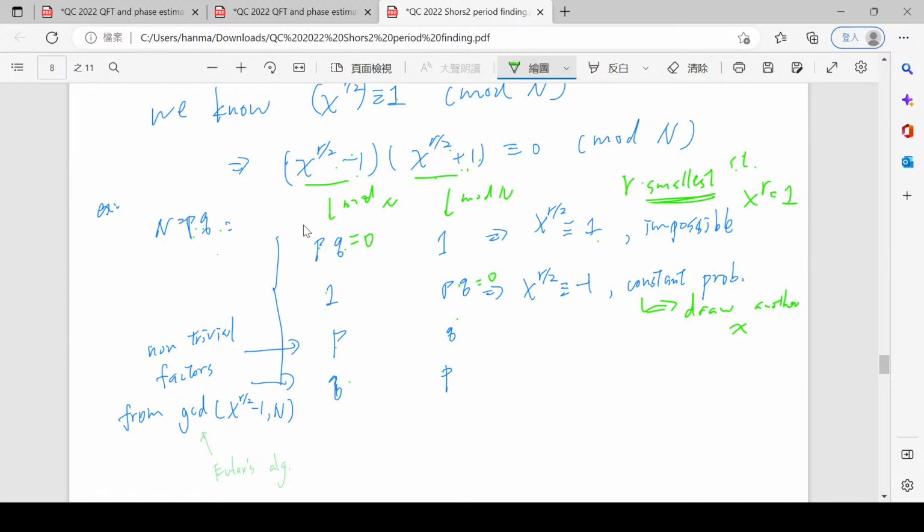So basically you only need to calculate this mod, and then you are going to get either p or q. And we know p and q are non-trivial factors of n, so we win.